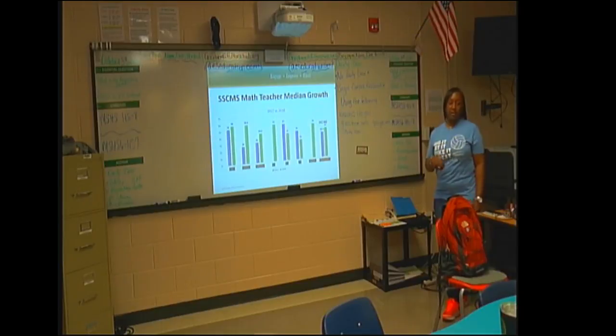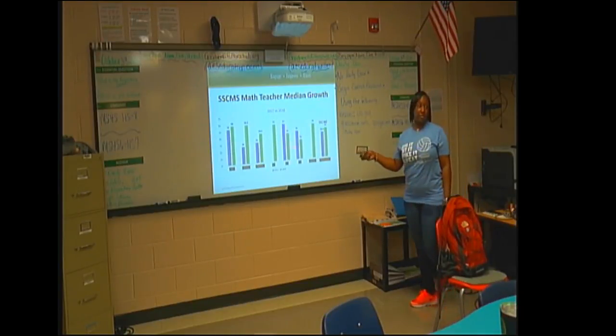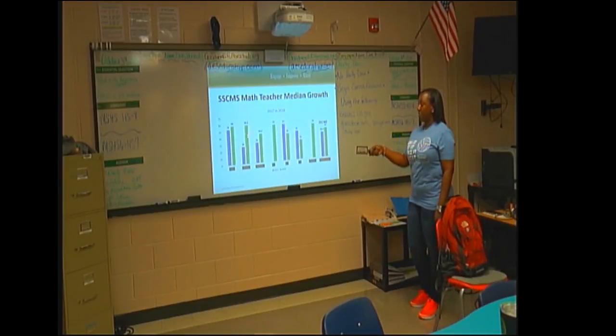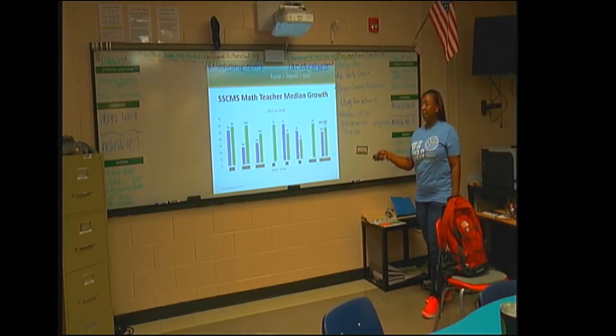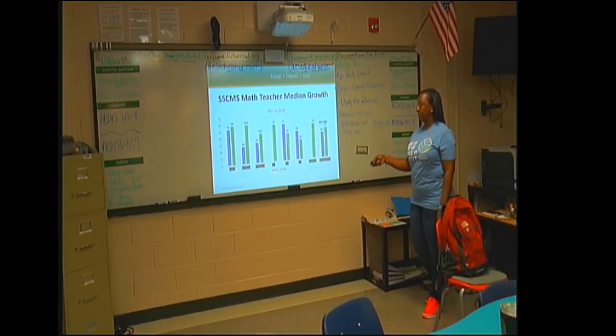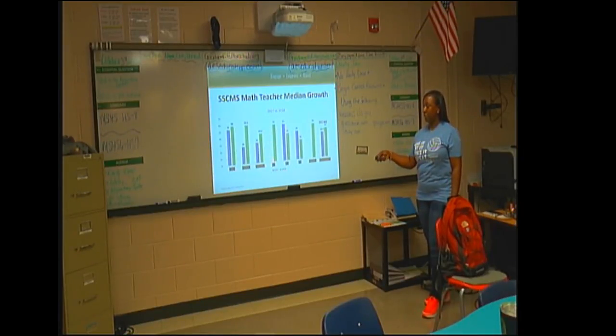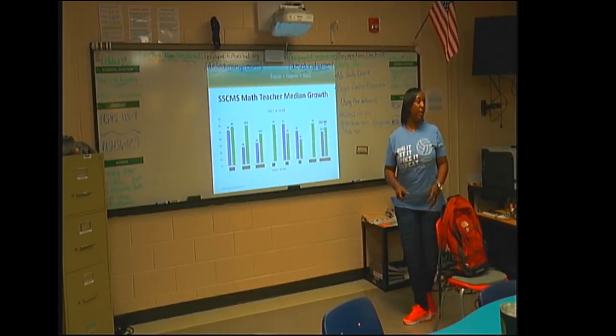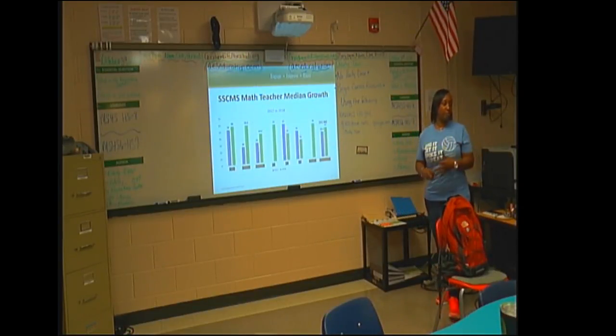Okay, on this slide, this is real data for Sandy Springs. These are math teachers that we currently have in our building, and we have their scores for 2017 and 2018. If you see they're missing a bar, that means they weren't here for 2017. In order to calculate the SGP, we have to have at least 2 years' worth of data.